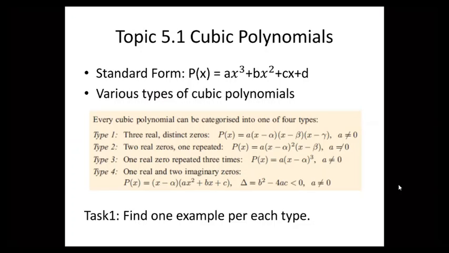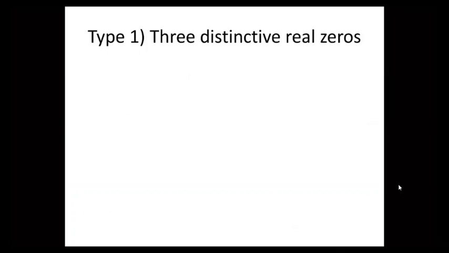Okay, so what we're going to do today is have some discussion to find each type and then take a look at the graphs of it. All right, we're going to do this together, but I might need a slight help from you. So what you're going to do is create a form, the first type, with 3 distinct real zeros.